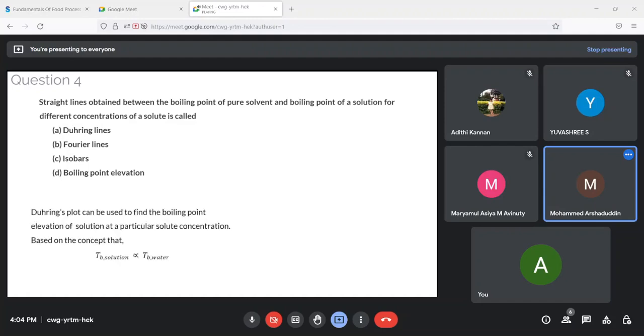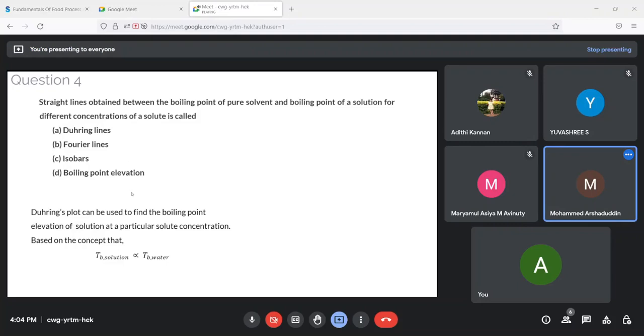Okay, so a Duhring's plot is actually a plot that is used to find out the boiling point elevation of a solution at a particular solute concentration. So basically, water has a lower boiling point than a sugar solution. So if you add a solute to a solvent, the boiling point actually increases.